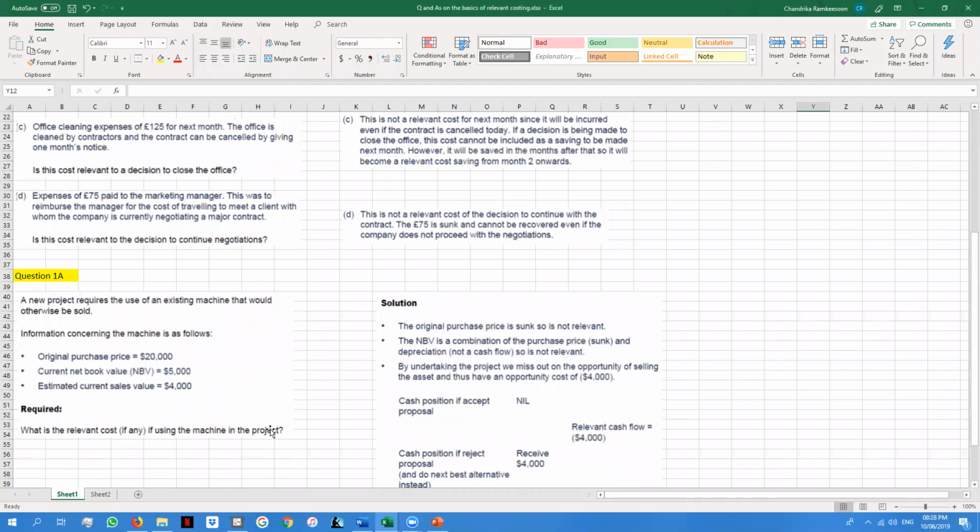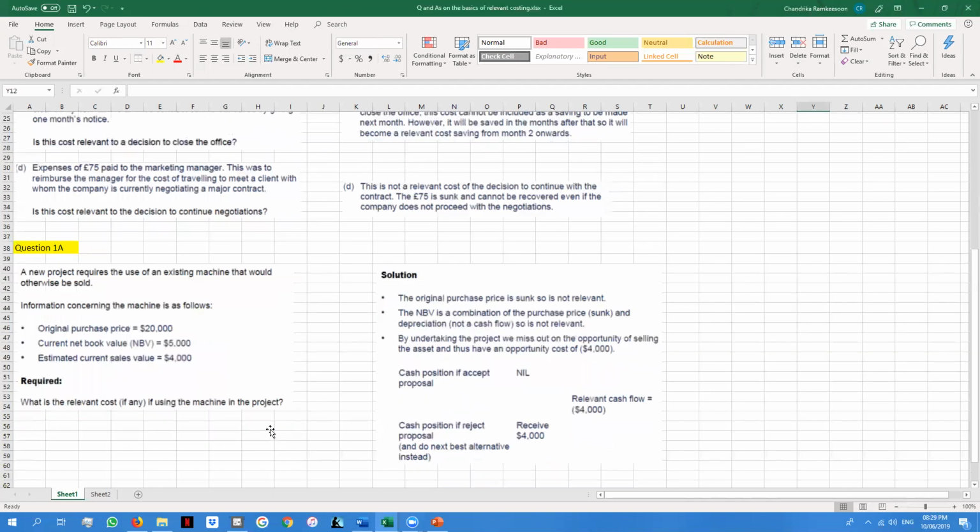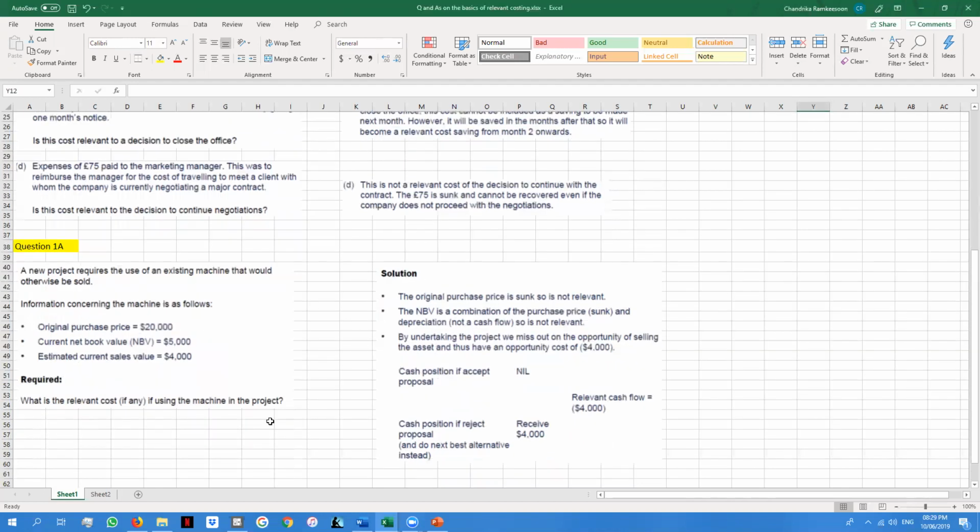Now, question 1A, although it does include the concept of opportunity cost, really could have been reasoned out without necessarily thinking about opportunity cost in its true sense. Let's take a look at the example and you'll see what I mean. In other words, it's just relevant. It's a relevant cost.